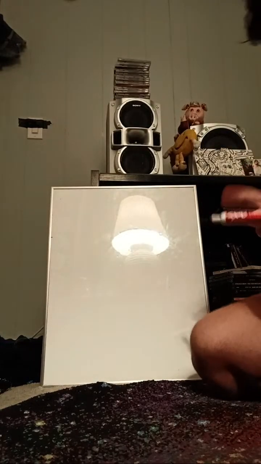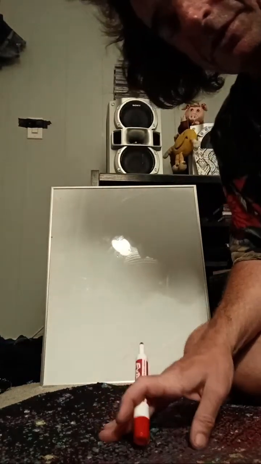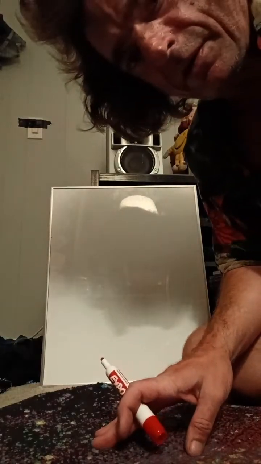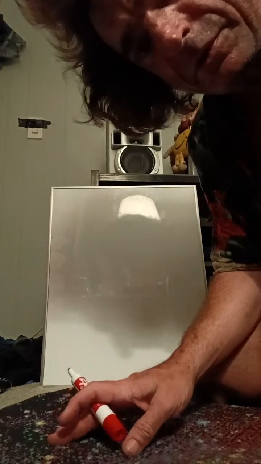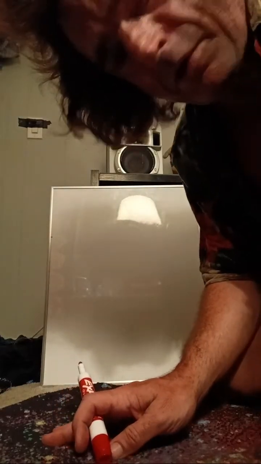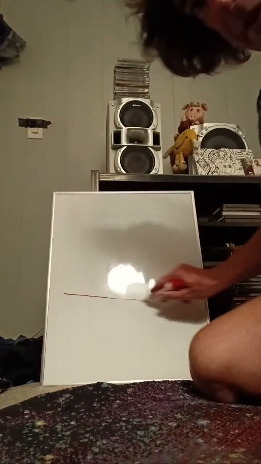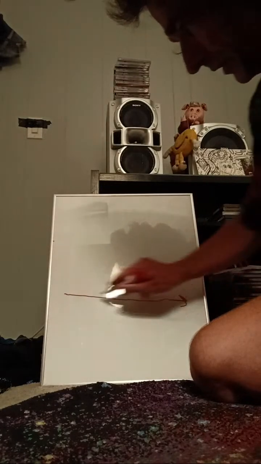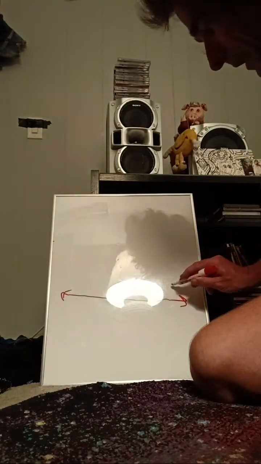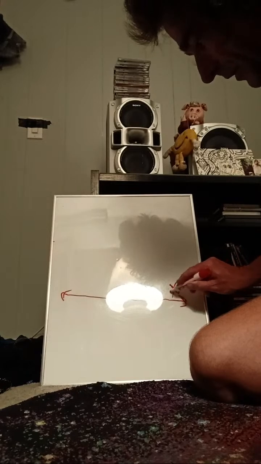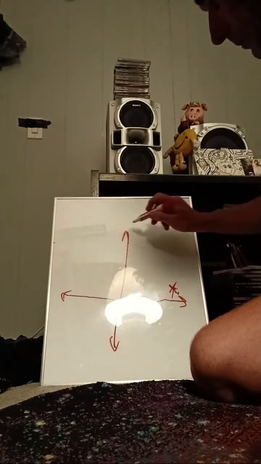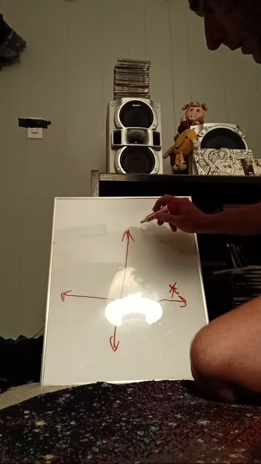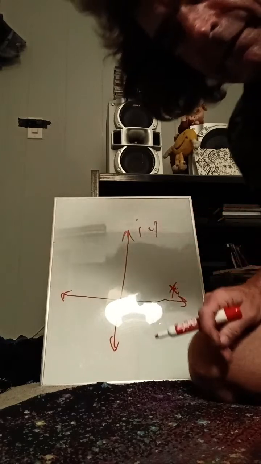First of all, there's such a thing as complex numbers. A real number is a number that we normally know, and that's the x-axis. X is real. And then the y-axis would be i times y.